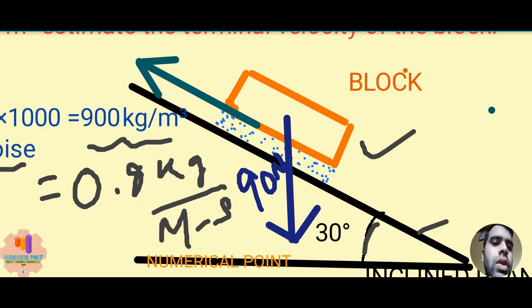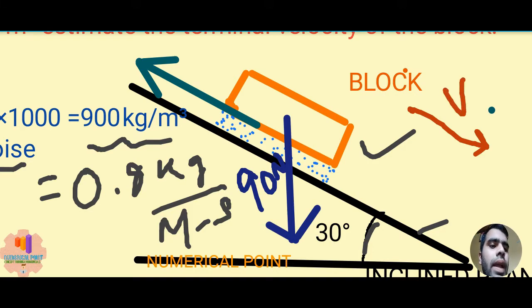We can find the viscous force by mu A V by h, that is Newton's law of viscosity. The block will move in this direction, so the terminal velocity is also asked in this direction.